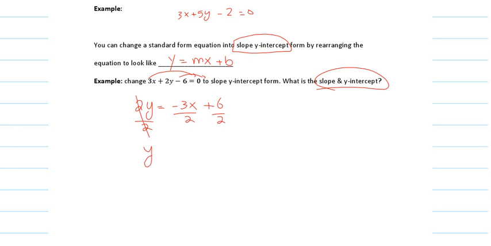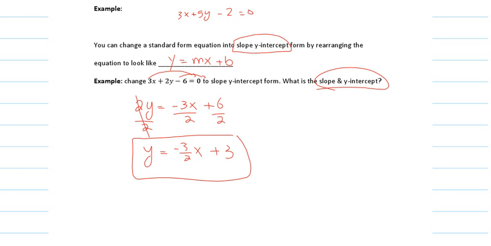Can I simplify negative 3x over 2? No. So I can leave it like this. How about 6 over 2? Can I simplify that? What does it give me? Plus 3. Now, looking at this, does it look similar to y equals mx plus b? You have y by itself, you have the equal, you have a number for m, x, plus a number.